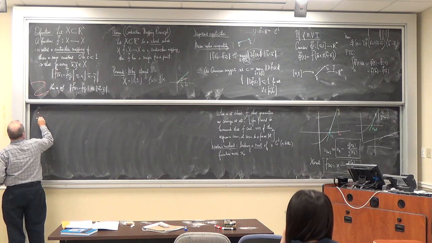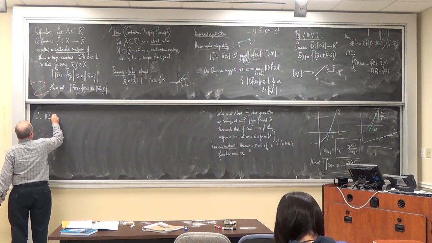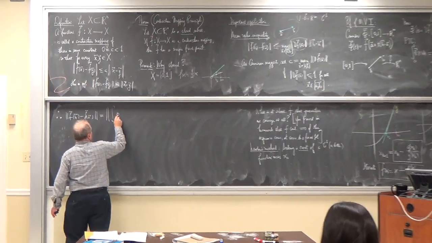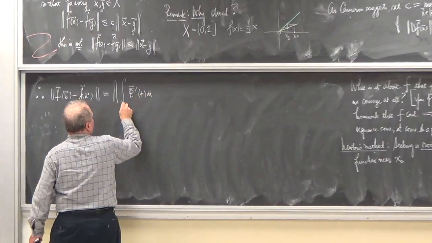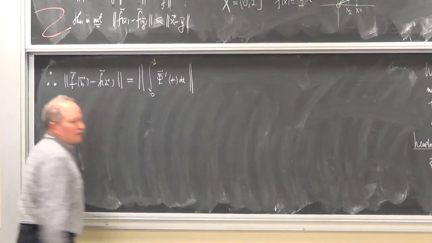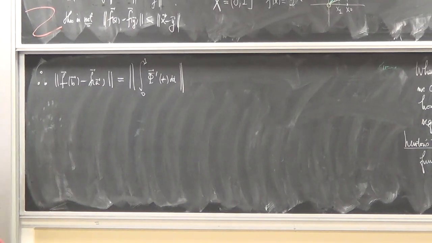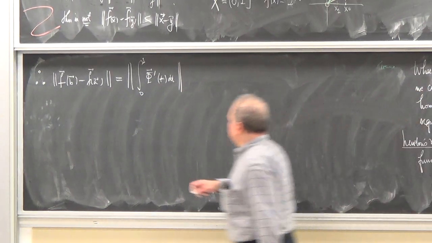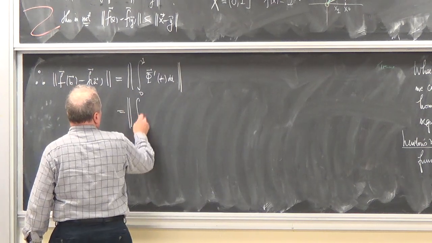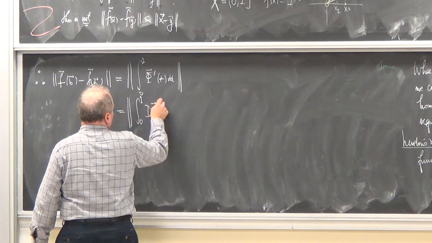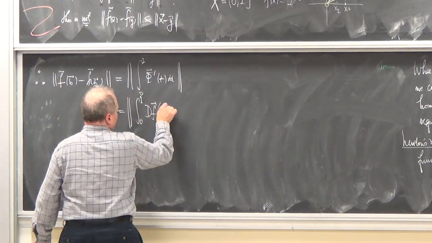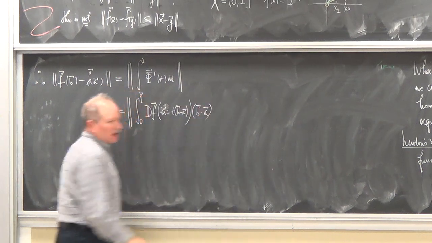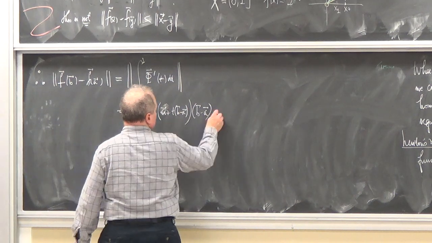The magnitude of f of b minus f of a is the magnitude of this integral, and I'm just going to keep on putting in what I know. The derivative of capital phi is what's at the top of the board there. So I do df at a point on the line times the direction vector of the line segment, and I integrate that dt.